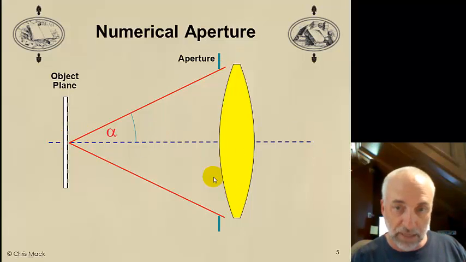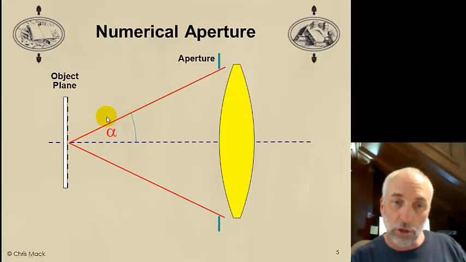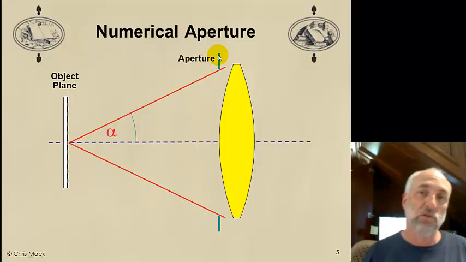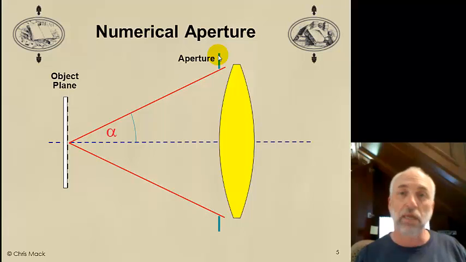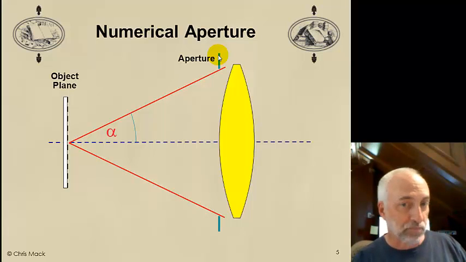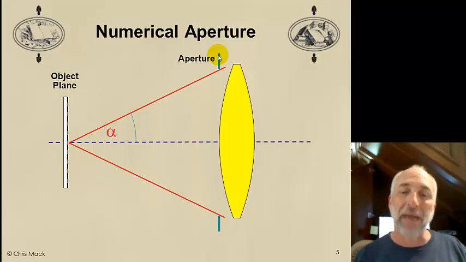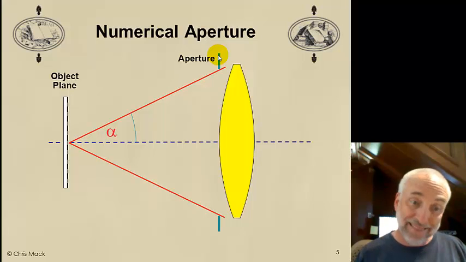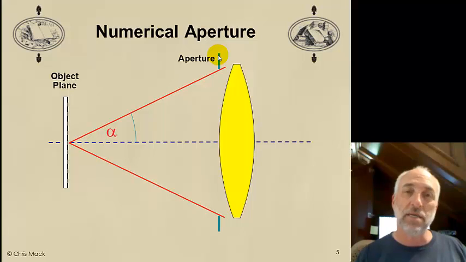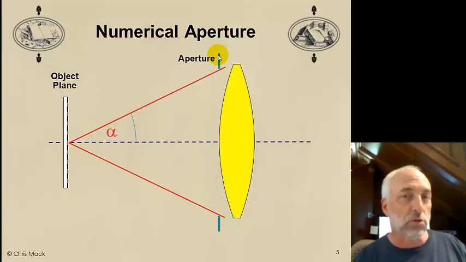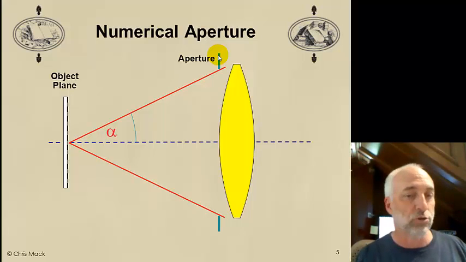The lens is symmetrical about it. And if any of the diffracted light has an angle larger than alpha, that light will not make it through the aperture, the opening at the front of the lens. So alpha is the maximum half angle. Given that definition, we will define the size of this lens by a term called the numerical aperture.